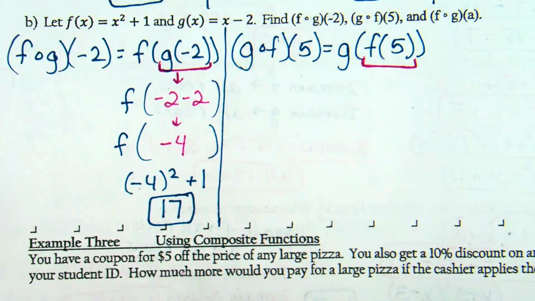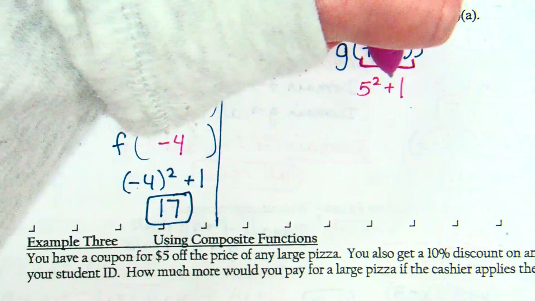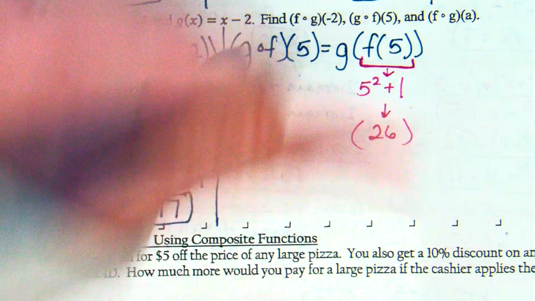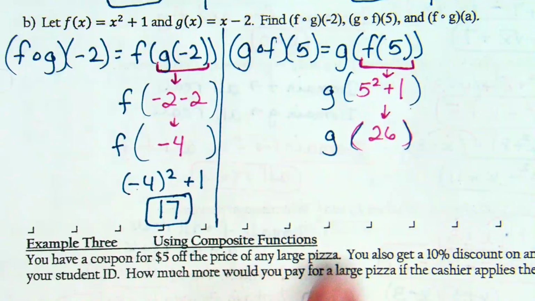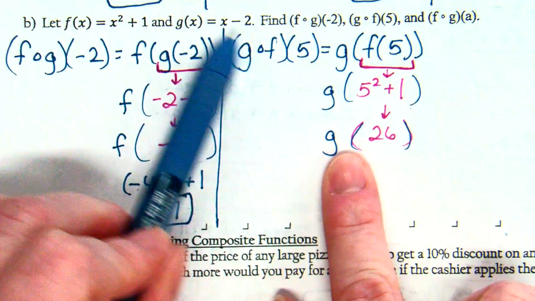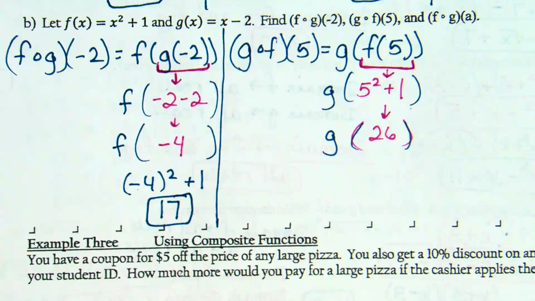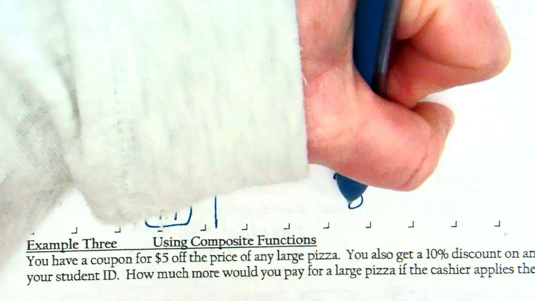So 5 squared plus 1, which is 26. And now we haven't done G. G of 26 means 26 goes into G. What's G? x minus 2, so 26 minus 2, which is 24.